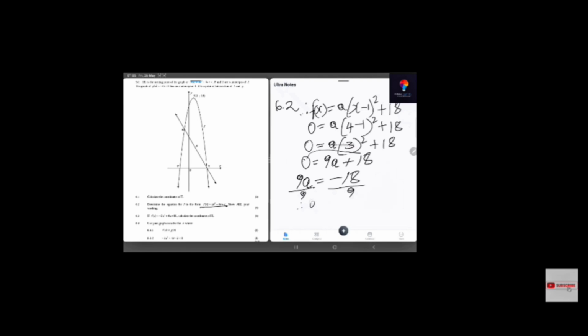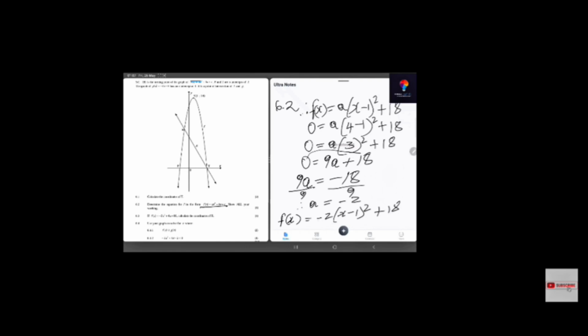Therefore, a is going to be minus 2. So the graph of f of x is going to be minus 2, x minus 1 to the power 2, plus 18.